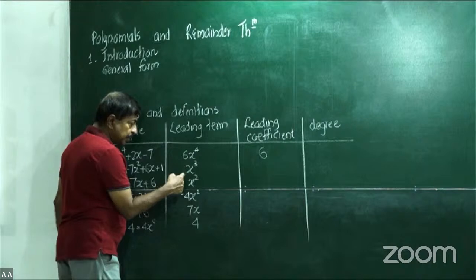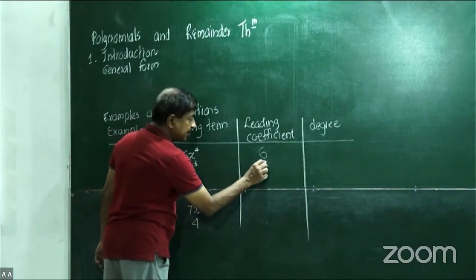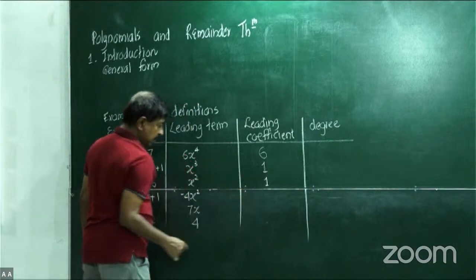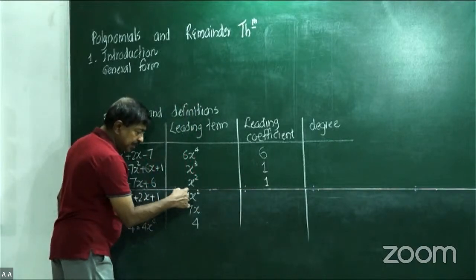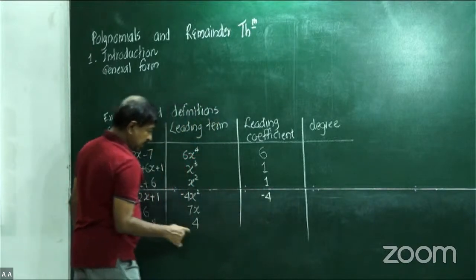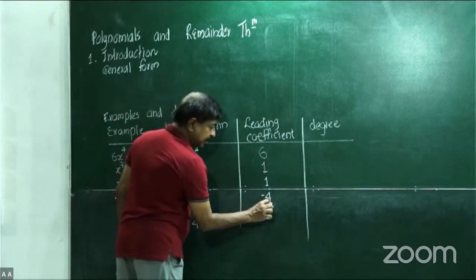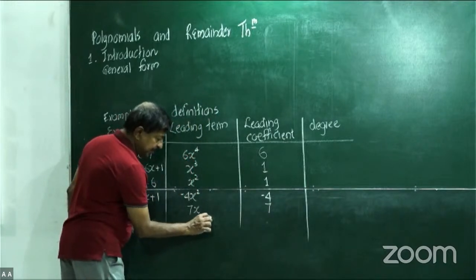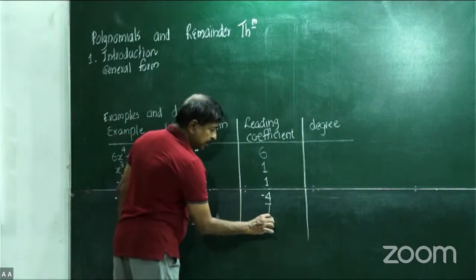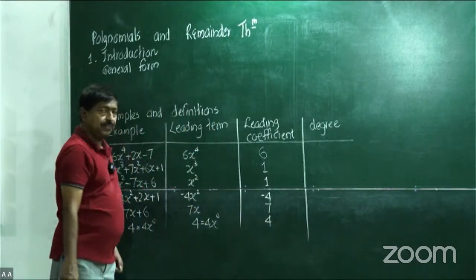Here the leading coefficient is 1. Even though we don't explicitly write it, it is 1. Here also it is 1. Here the leading coefficient is -4. This one, leading coefficient 7. If you identify this as 4 times x to the power 0, the leading coefficient is 4.